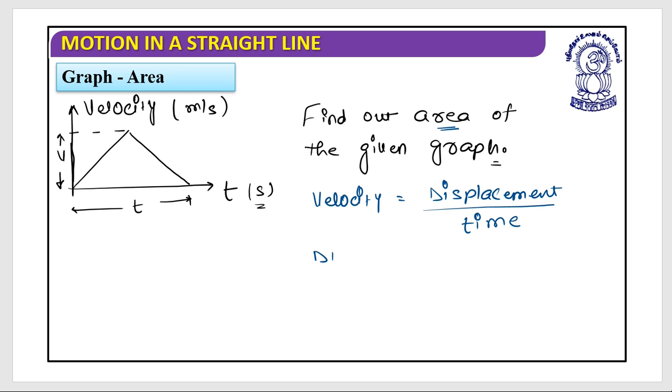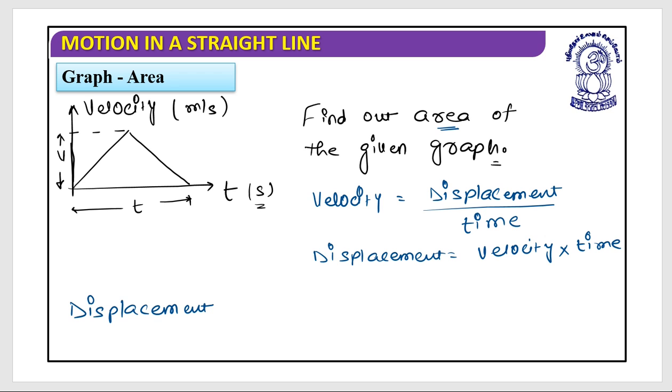So this displacement will be equal to velocity multiplied by time. Are you sure with this? So displacement would be the area of the given graph.